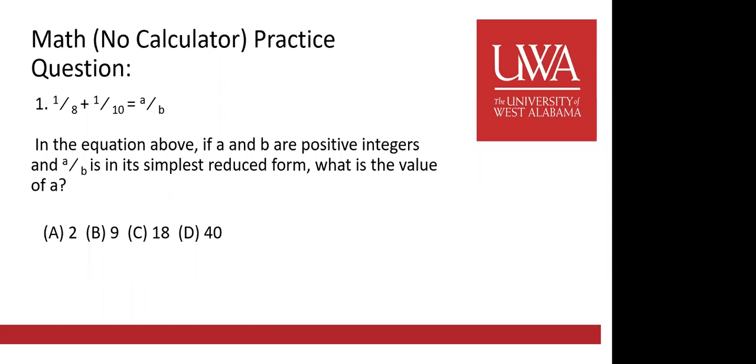So 5 over 40 plus 4 over 40 equals 9 over 40. There's no factor that 9 and 40 have in common, so the fraction cannot be reduced. The number in place of A over B is 9. So the answer is B. Be careful though, the value of B is in D.